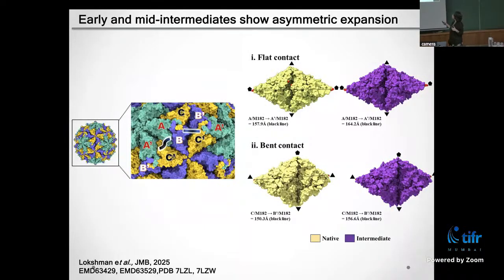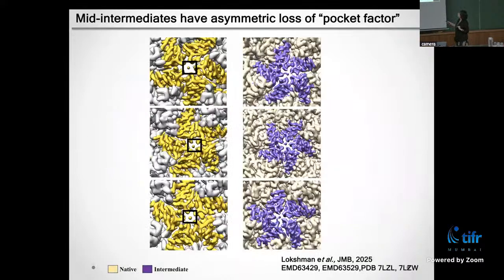So essentially what we find is that the first opening, which will probably lead to the release of the genome, happens at the 2-fold, where we see a movement of almost, I would say, some 6-7 angstrom in the opening, but the 5-folds and the 3-folds remain more or less the same, except that there is also a little bit of change at the 5-fold, but not at all the 5-folds.